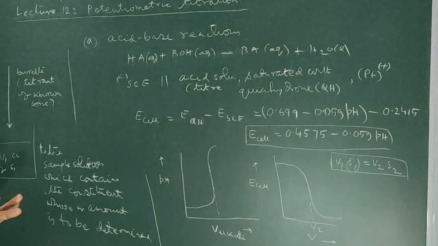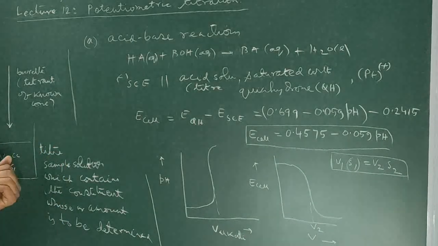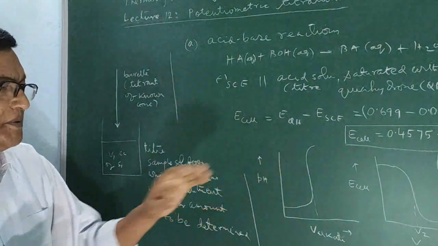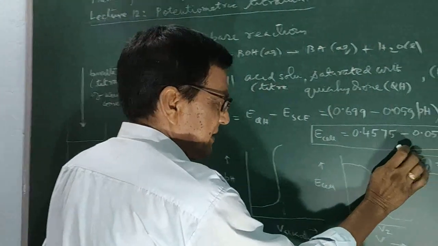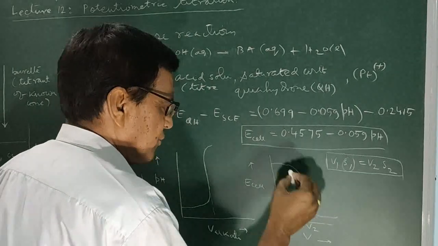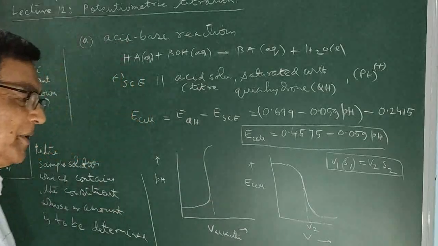If both are strong, suppose this is HCl and this is sodium hydroxide, in this case the curve is very good, and the change is very sharp, and the end point can easily be determined.